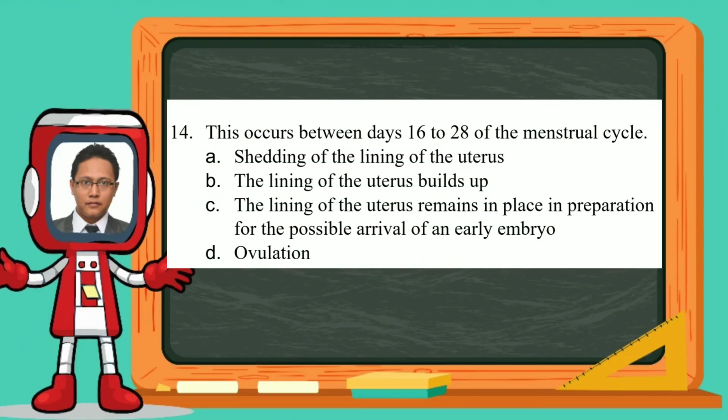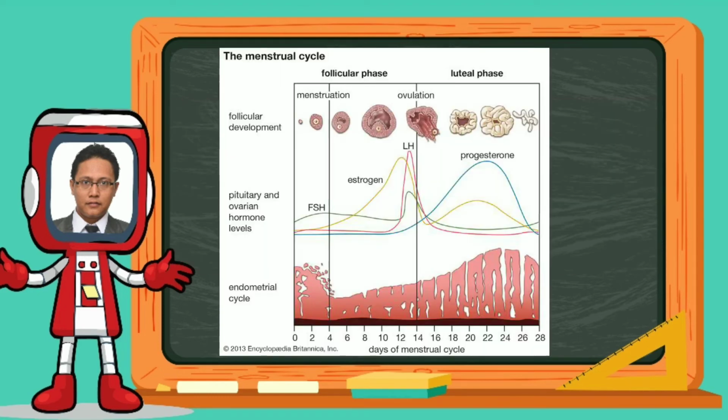Question number 14. Explain what happened between day 16 to day 28 of a menstrual cycle. Remember that on day 14, there is ovulation. It means that after the body releases the egg, it expects that the egg will be fertilized, and in order to receive the fertilized egg properly, it will keep building the wall of the uterus lining.